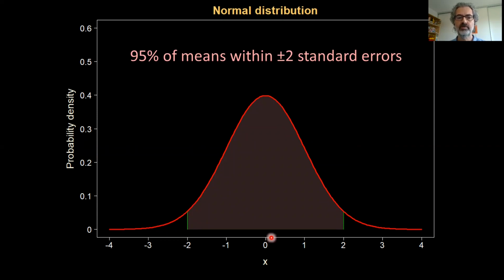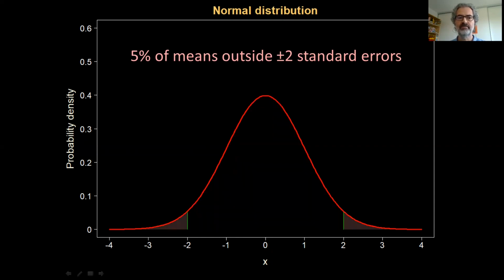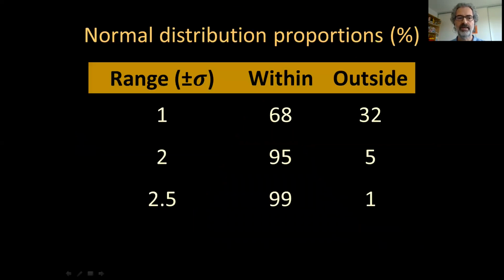So 0 would be a distance equal to 0 from the population mean. 95% of sample means lie within 2 standard errors, and this means that 5% of means lie outside of 2 standard errors. And there are more pairs like that.